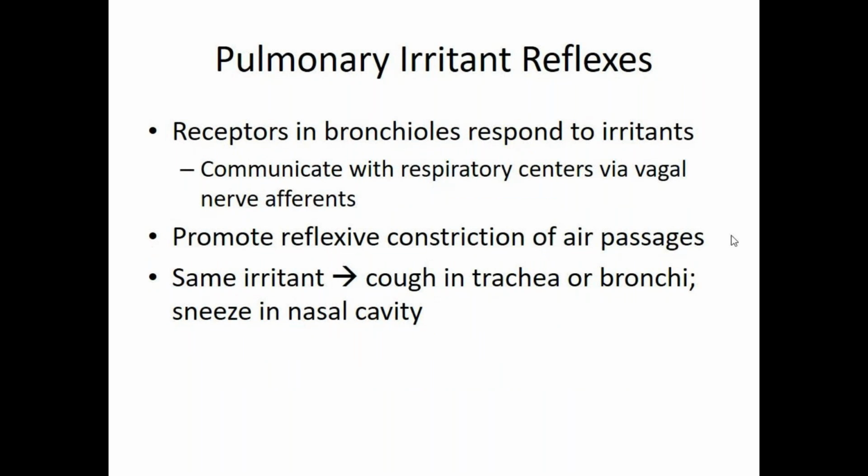There are a couple of useful reflexes here to think about. The irritant reflexes are what give rise to coughs and sneezes. Anything that is going to be an irritation to the mucosa of the upper part of your airway will give us this irritant reflex. And the only thing that distinguishes between whether you cough or sneeze is location.